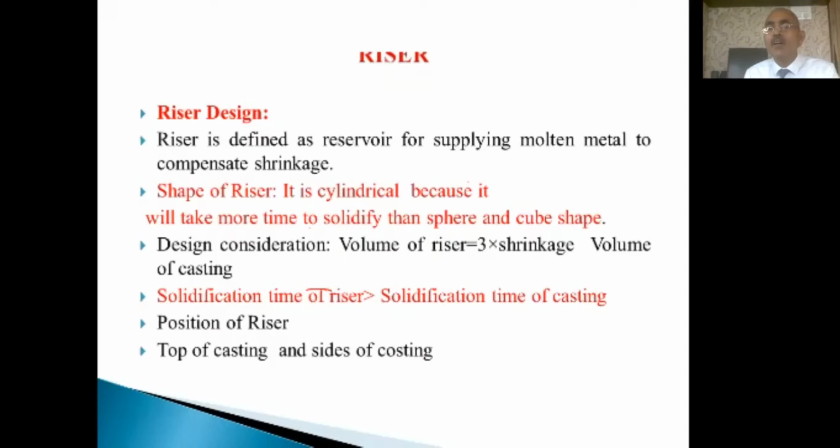That should be the volume of your riser. For a cylinder, pi d square by 4 multiplied by the height of the riser. It's very easy to design. The volume of the riser should be 3 times the shrinkage of the casting.